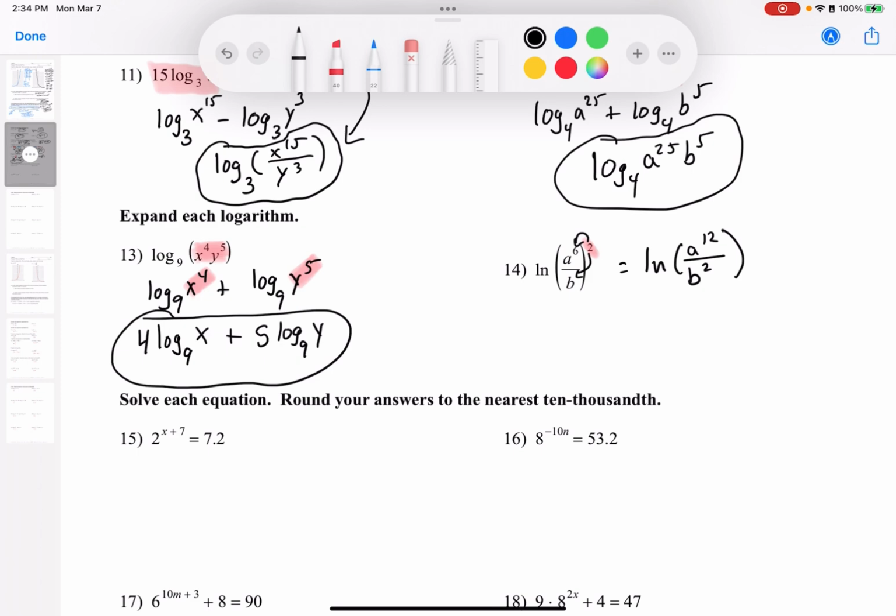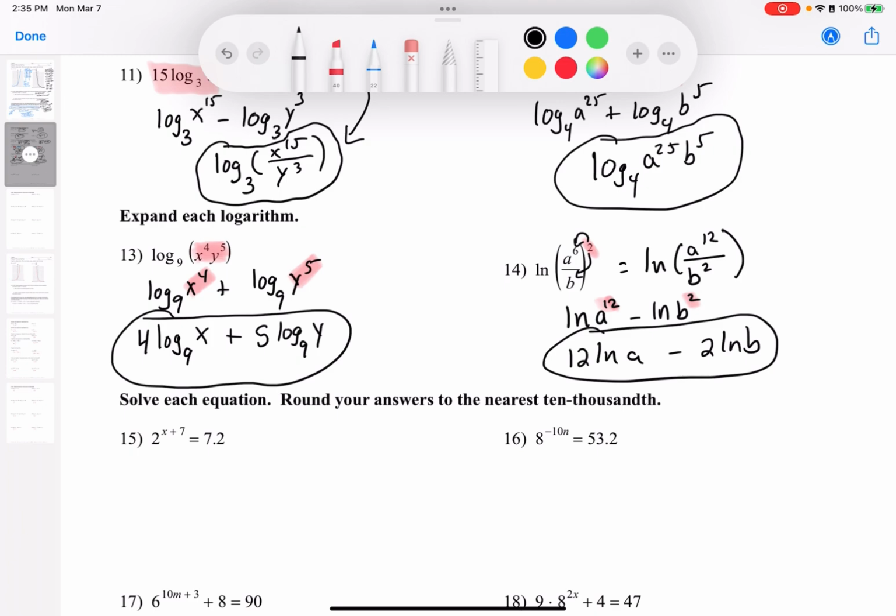So we've got dividing going on, so when we divide, that means we're going to subtract. So ln of a to the 12th minus ln b squared. But again, we've got these exponents going on. Since we're expanding, that means I can put them out front. So 12 ln a minus 2 ln b. That's your expanded form.